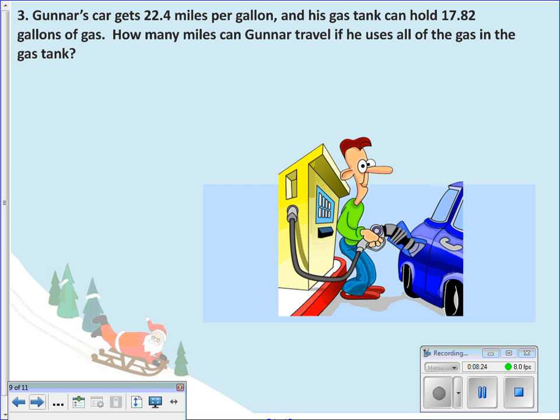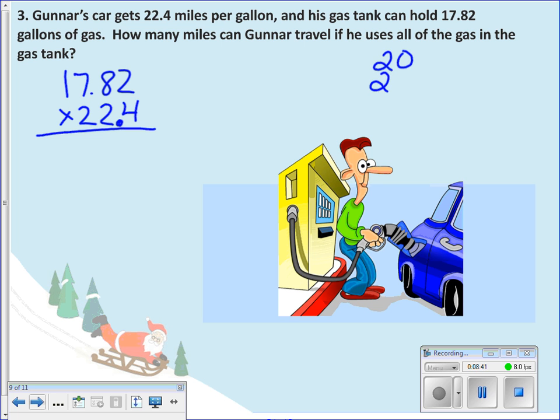So personally, I like to put the longer factor on top because then that's less rows of multiplication that I have to add. So let's see. I'm going to round 17 to 20 and 22 to 20. So we're looking at about 400 miles.